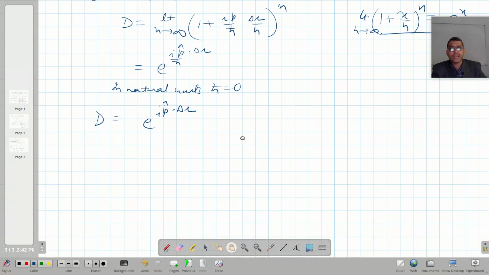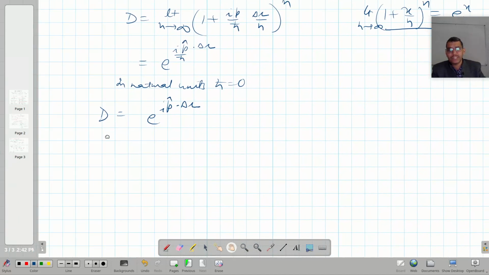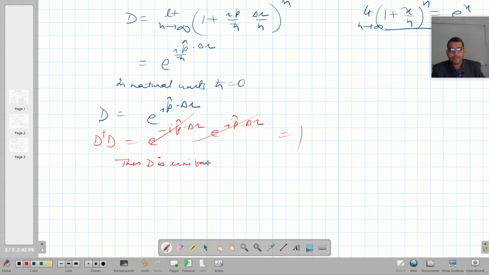Another thing which we have to keep in mind is that if I try to find d dagger d, then it is e raised to power minus iota p delta r times e raised to power iota p delta r. This will cancel out, so it will be 1. So thus d is a unitary operator.